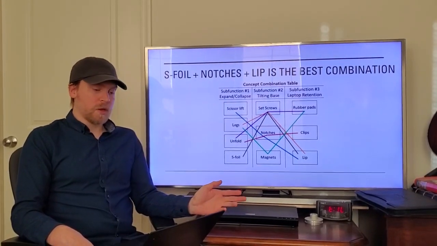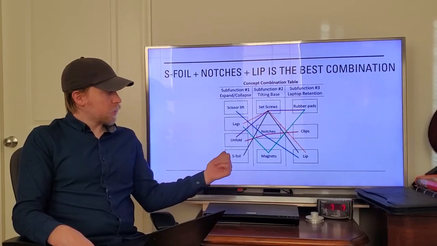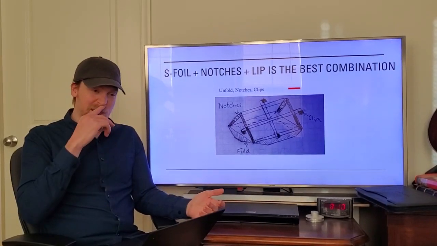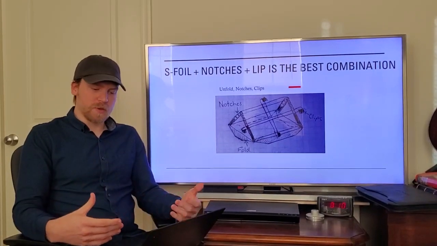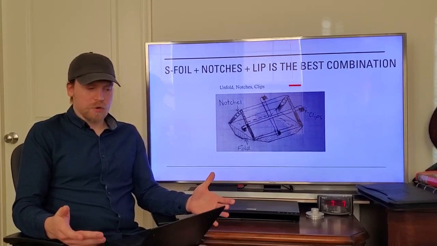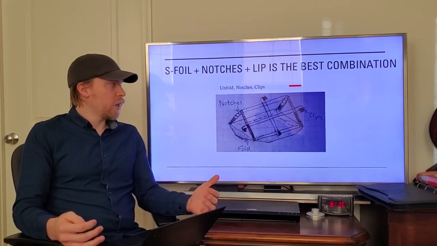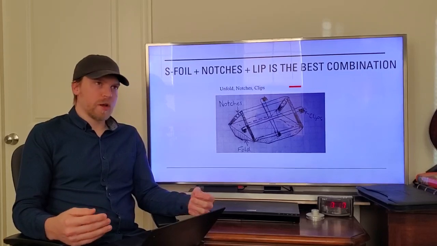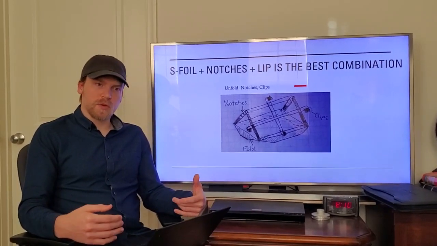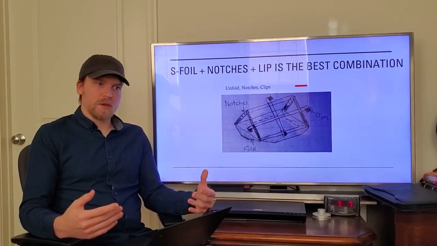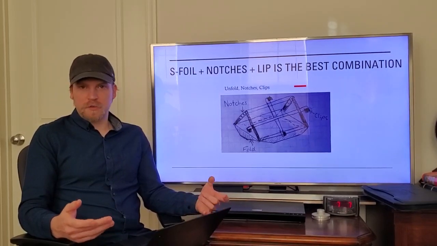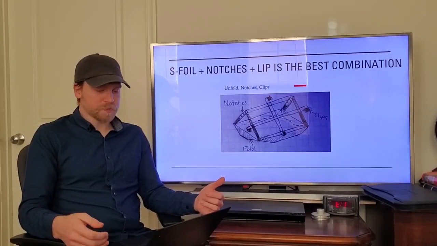The next one is the red line here, which is unfold notches and clips. Similar to the last one, it kind of has a lot of little intricate pieces. We couldn't find clips online that would fit our use case very well, and we weren't sure how to manufacture those in a way that it could be adaptable to multiple computers, especially with the rather low tolerances that you get with 3D printers, which is probably what we're going to have to use to manufacture this product.